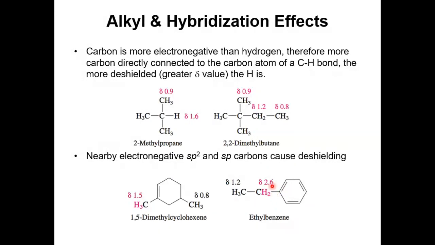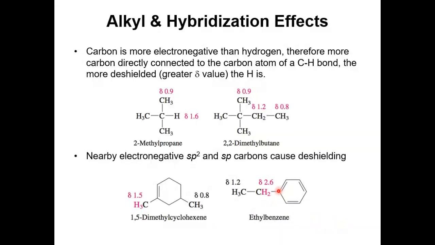So the benzylic protons' chemical shift value is generally a bit higher than allylic protons, because for allylic protons this carbon is connected to only one sp2 hybridized carbon. The next one is just another sp2 hybridized carbon. That's it.